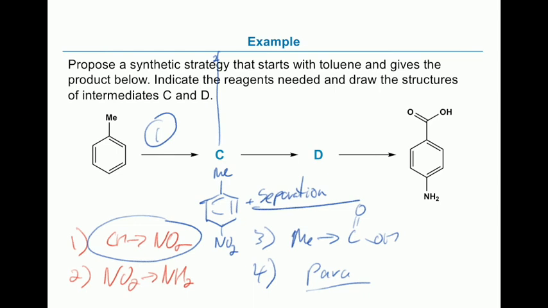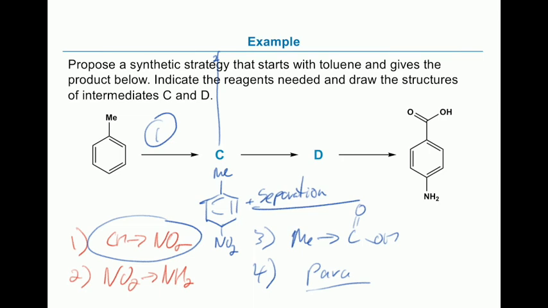Nitro still needs to be reduced, and the methyl needs to be oxidized. Do you care which order you do that in? Yeah, nitro is going to be hydrogenated, right? Just like last time. The methyl group is going to be oxidized using Jones. You can choose any direction, right? It doesn't really matter, because those two don't really interfere with each other too heavily.